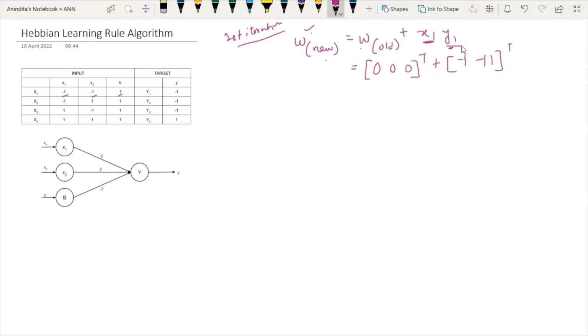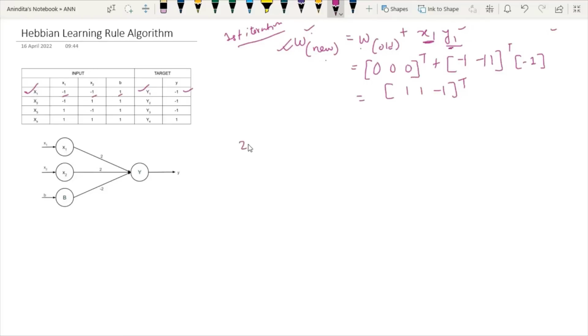And what is the value of y1? Pay attention: corresponding to this input, the value of y1 is minus 1. So I think the value of y is now clear to you. This is how the Hebbian rule is applied to update any weight. This is iteration number 1. If you calculate this value, you will find 1, 1 and minus 1 transpose. So this is the first iteration.